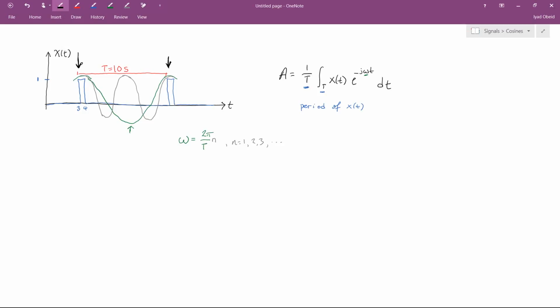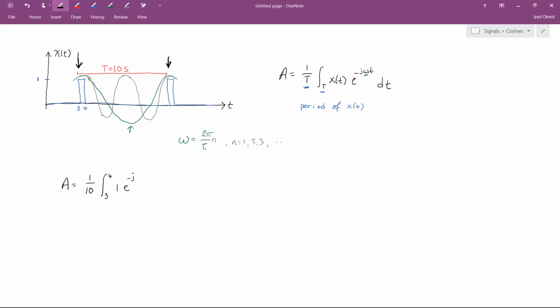So in this case, I'm going to plug in as many values as I can. So a equals 1/10 times the integral. Again, it's going to be the integral from 0 to 10, but as we discussed in the previous video, there's only stuff to integrate between 3 and 4. And on that range, x of t is the constant 1. And then it's e to the negative j, and my frequency is going to be given by 2 pi over T times n. That will give me my solution for any value of omega that's of interest to me.